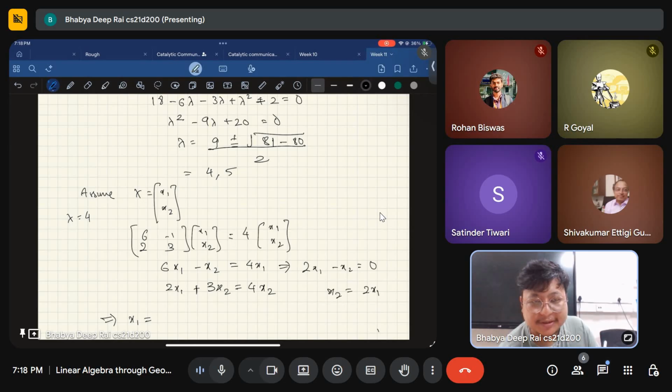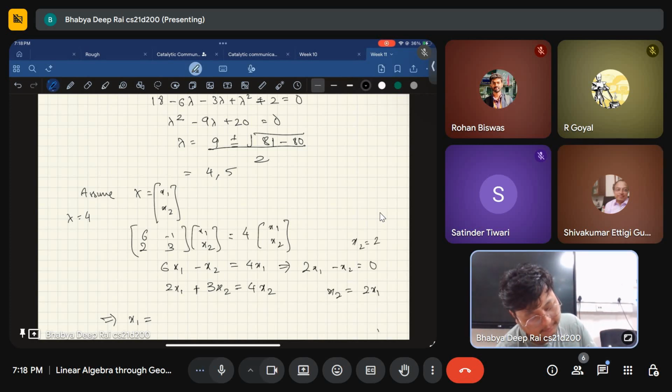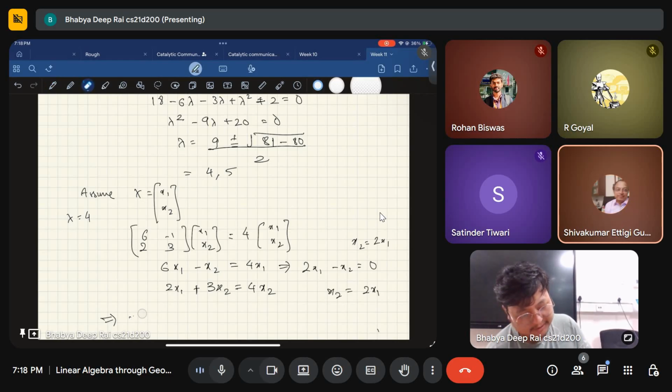So we'll get the same equation, is it? Same equation: x2 equal to 2x1. So it's repeated, so the eigenvector is the same.